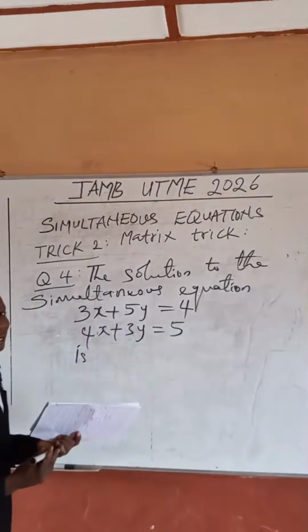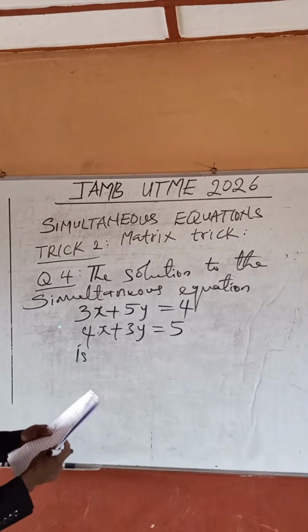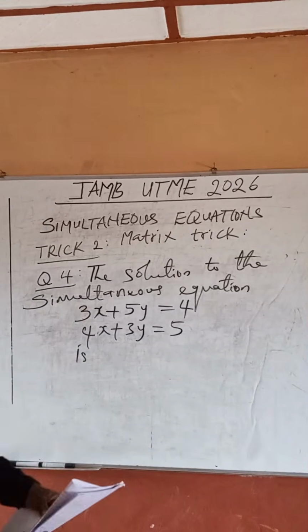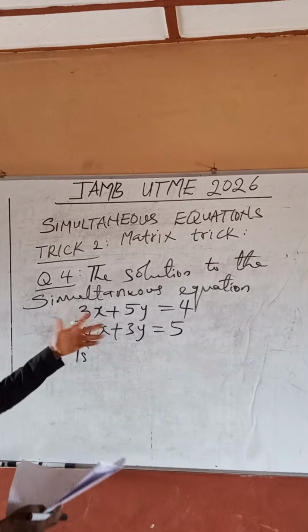So this is how to still ask this question, okay? Yes, this is how JAMB can still ask that question when you find simultaneous equation like this.